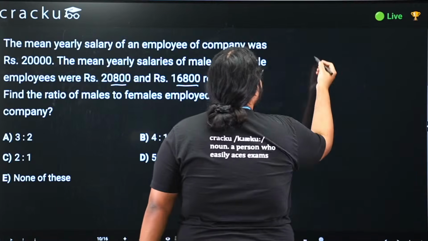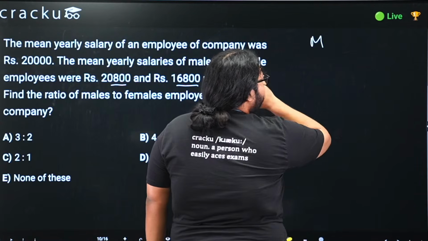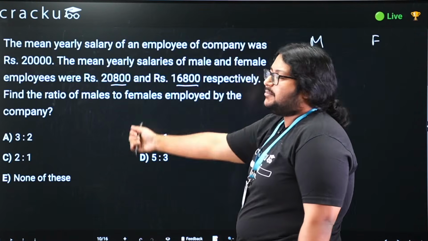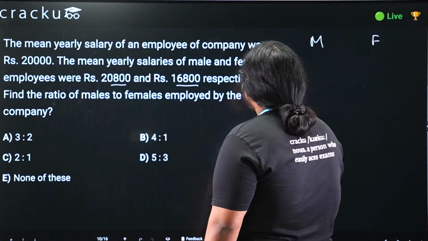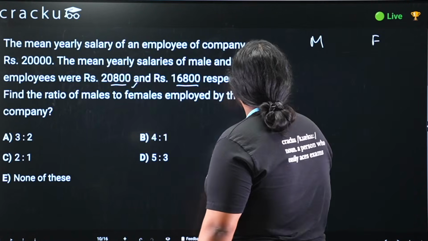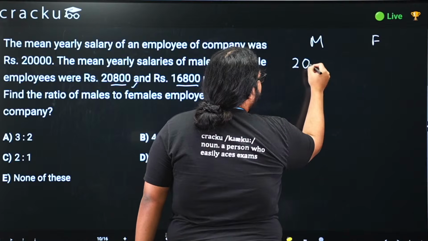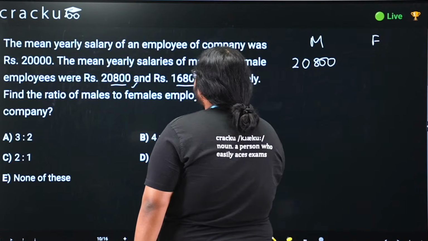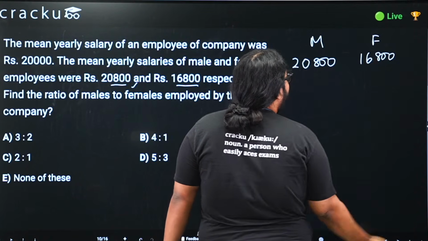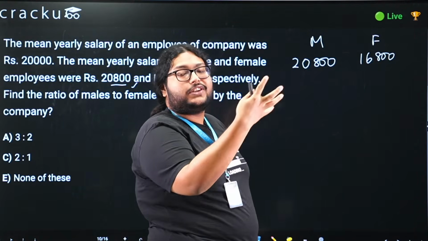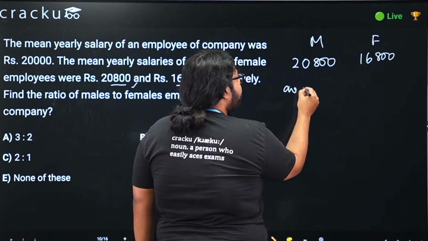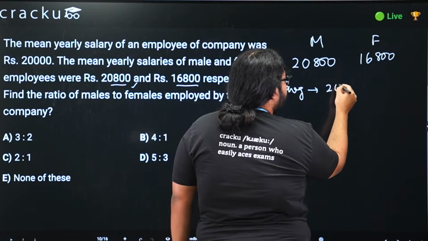Let the number of males be M, let the number of females be F. We need to figure out M is to F. For the males, the average salary is 20,800. For the females, the average salary is 16,800. And the combined average is 20,000.